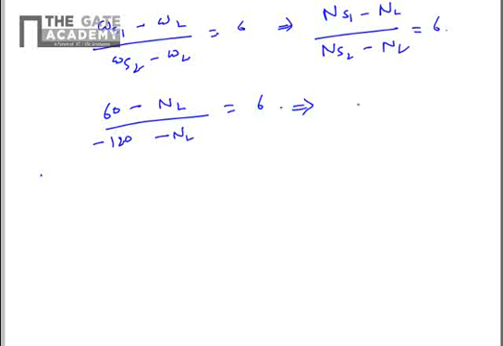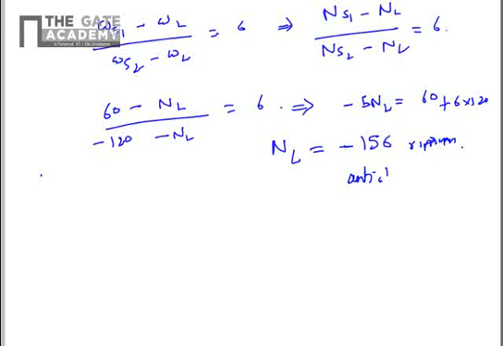Simplifying this expression, you will get minus 5 NL equal to 60 plus 6 into 120. Finally, NL is equal to minus 156 RPM, and because of the minus sign, it means anti-clockwise or counterclockwise.